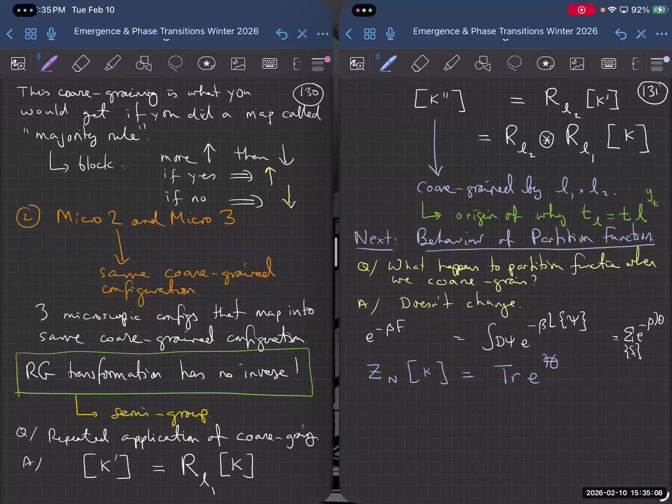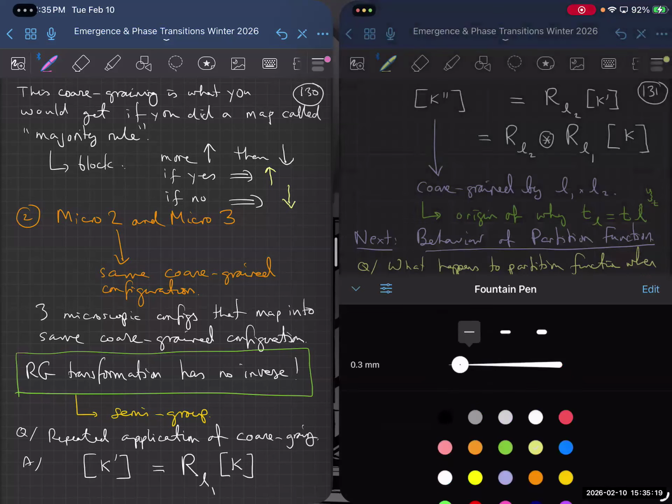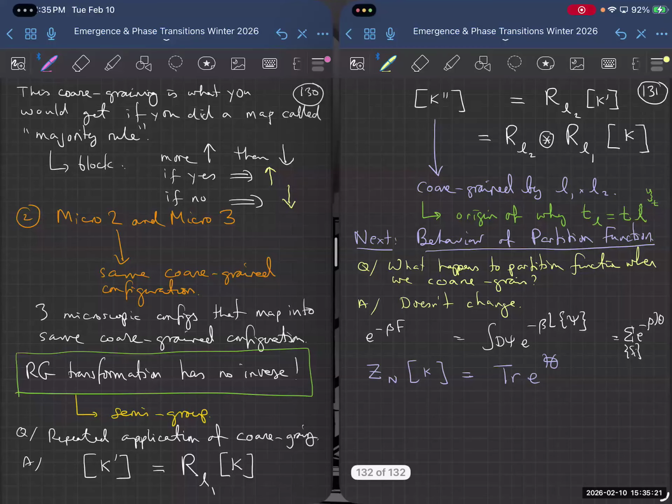So I'm going to define the partition function as trace e to the H, like that, where trace is over the microscopic spins. And so note here straight away that I've absorbed, for convenience, a factor of minus beta into my Hamiltonian. Okay, so I'm going to do that for now.